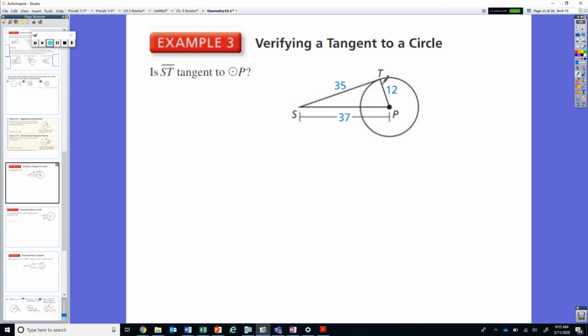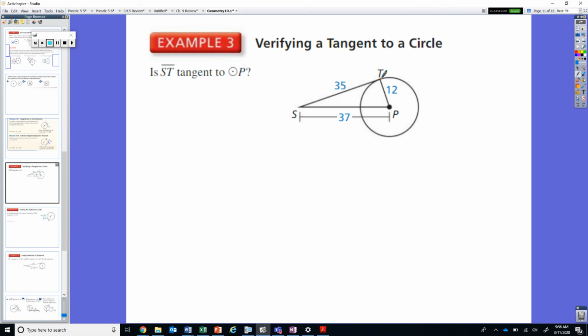So we can utilize our radius and tangent perpendicular characteristic and associate that with the Pythagorean theorem. Because if I can prove that this is a right triangle and angle T does in fact form a right angle, that's going to prove that ST is actually tangent to circle P.